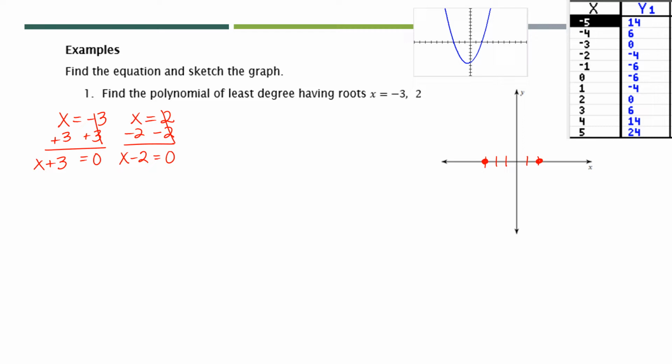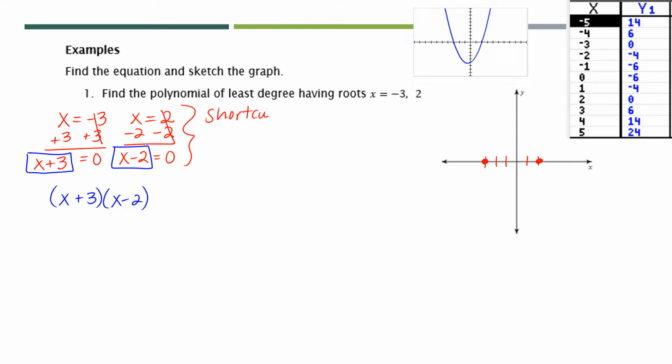So now what I'm left with here, that I'm putting a blue box around, those are my two factors. So what I'm going to do is take those, put them in parentheses, and now I have to distribute those so that I can get my polynomial. So the shortcut, if you're looking to save yourself a little bit of time, you don't have to do all of this right here.